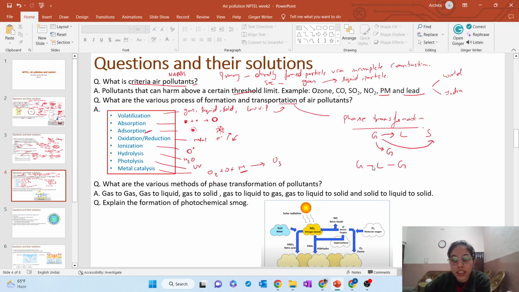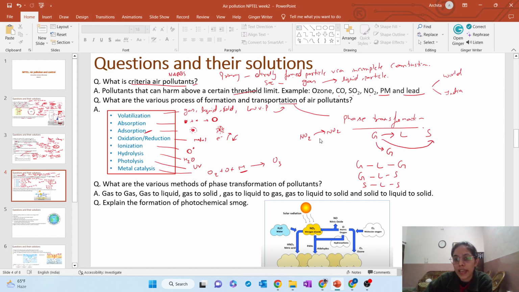Okay, I will give you an example of all of these, simple examples to understand. Another is gas to liquid to solid, and then solid to liquid to solid. Now gas to gas means that a particle is released in the form of gas and converts to gas. Simplest is that NO2 is released and it converts to NO3, let's say.